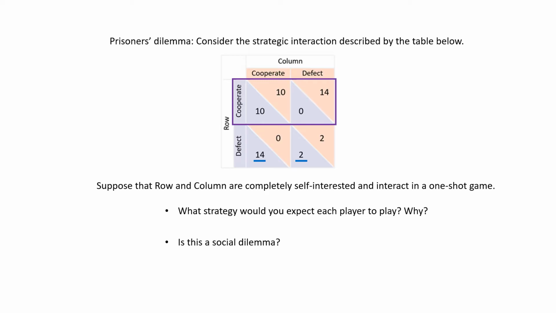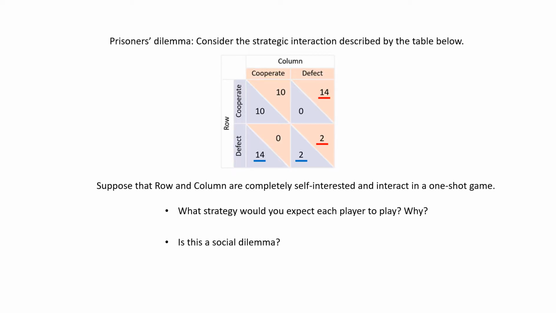In this case, column would pick defect because the payoff of 10 is less than the payoff of 14. And lastly, I fix row's strategy as defect and see how column would respond given that row plays defect. In this case, column would pick defect because the payoff of 0 is less than the payoff of 2.